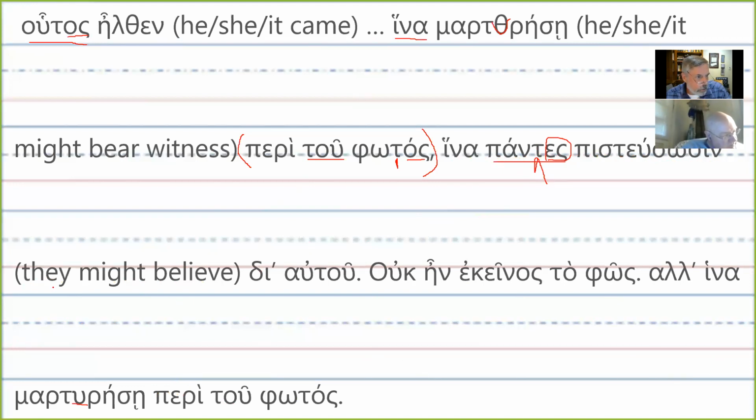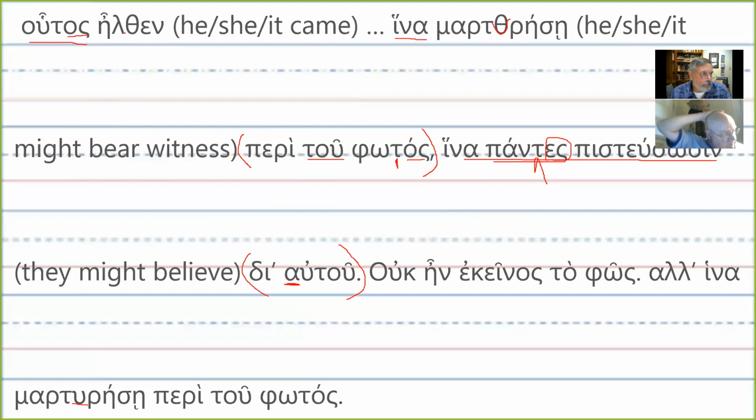There we go. In order that all might believe. Now we have another preposition, di' autou. This is really dia, but because the next word starts with a vowel, they drop the alpha, so di' autou would be, in order that all might believe through him, and that's the end of the sentence.